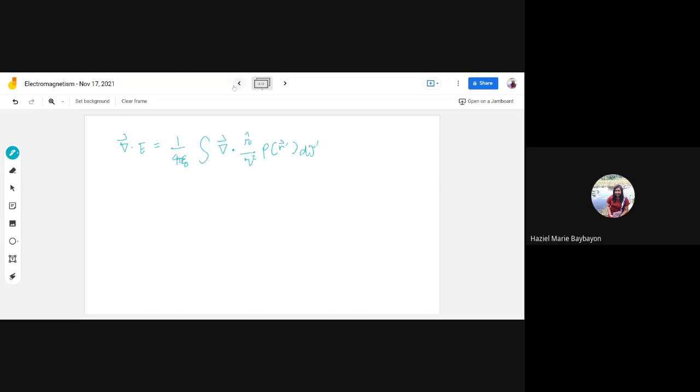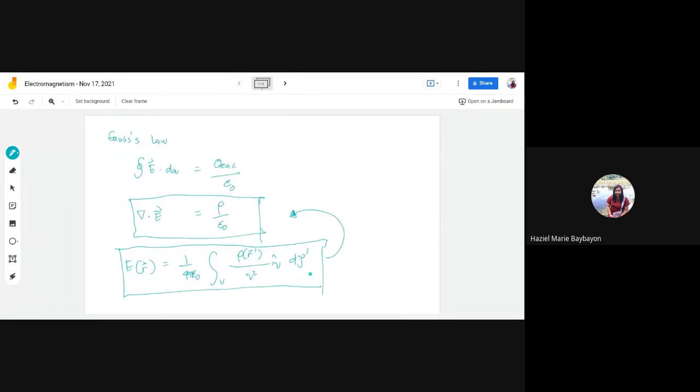Let us just call this equation 1. So from equation 1, we take the divergence.